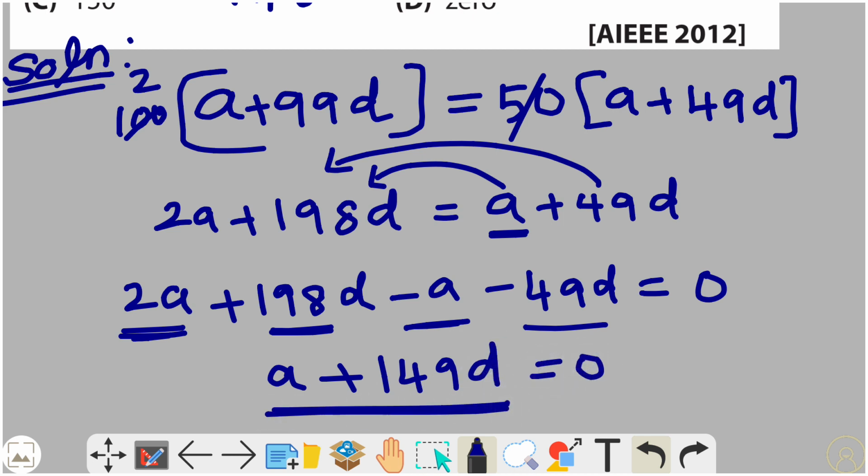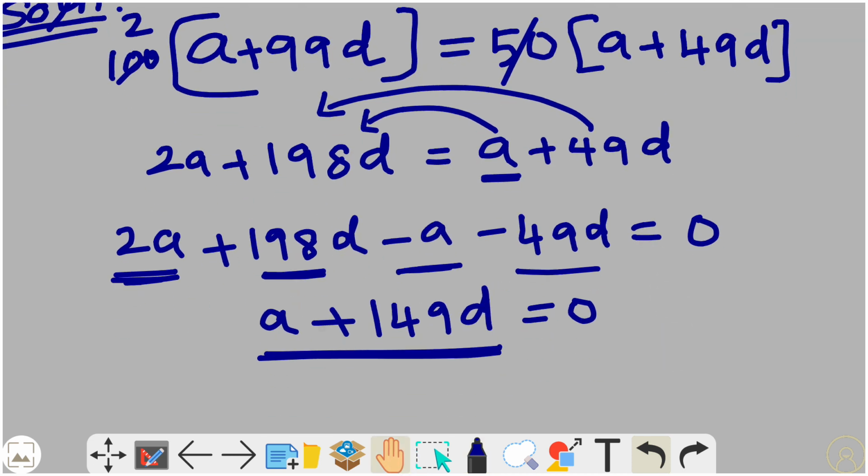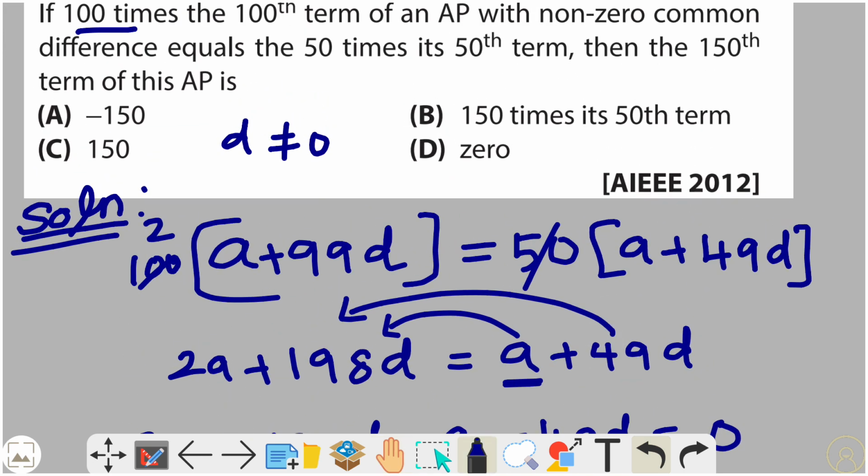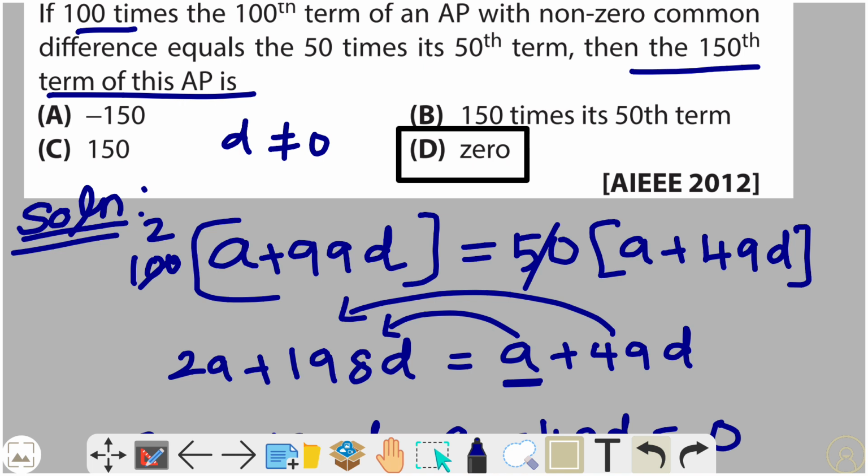A plus 149D is the 150th term, T150, and that is equal to 0. You have to read the last part of the question: what is the value of the 150th term of this AP? That is equal to 0, so 0 is the answer for this question.